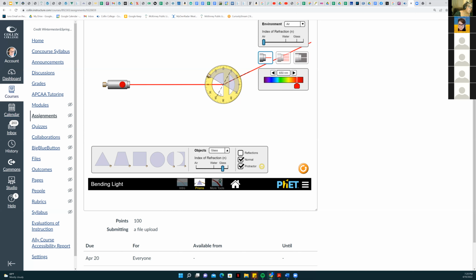I'm not quite sure how they're defining counterclockwise and clockwise. As long as you're consistent all the way through your lab, it's not really a big deal which is which. But if you start from this line and go to here, this would make this the clockwise one, because we're going this way. Okay, this is 60 right here.